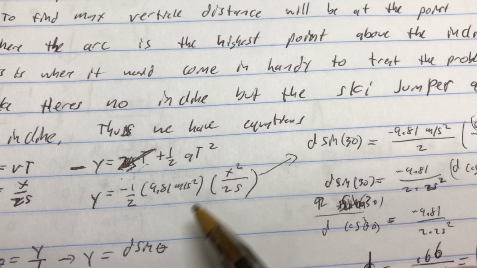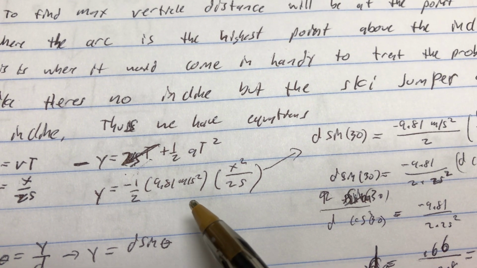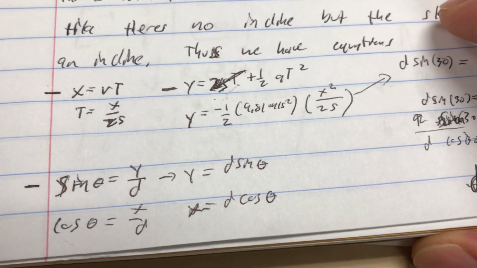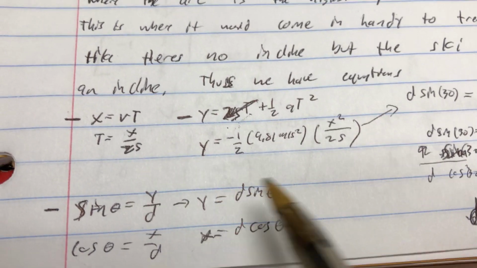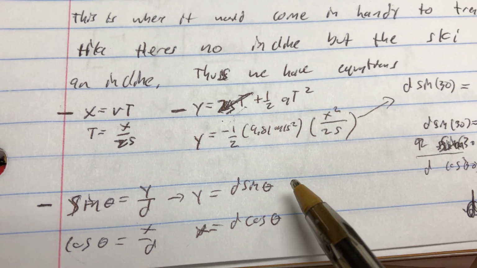And plus 1/2 a t squared, which comes out to a negative 1/2 times 9.81 meters per second squared. And what I did here was I took this and plugged it in for time. So I'm combining the two equations there. So I have x squared over 25.